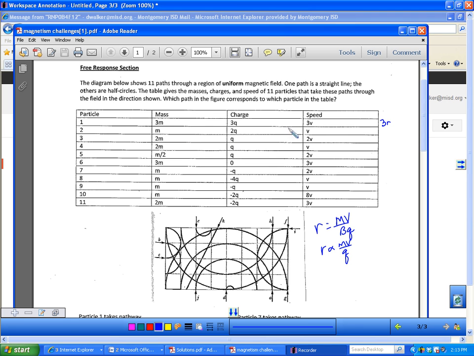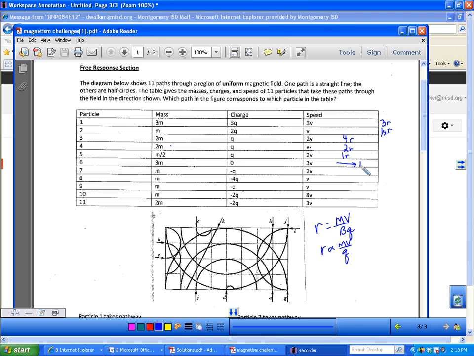The next one, m times v over 2, gives me a half r. This one here, 2 times 2 is 4. 4 over q gives me a radius of 4r. This one here, 2 times, let me make sure I'm doing this right, 2 times v, gives me 2 over q, which gives me 2r. 1/2 m times 2v gives me just a plain mv over q, which gives me 1r. We said this had no r, so we're not going to worry about that.